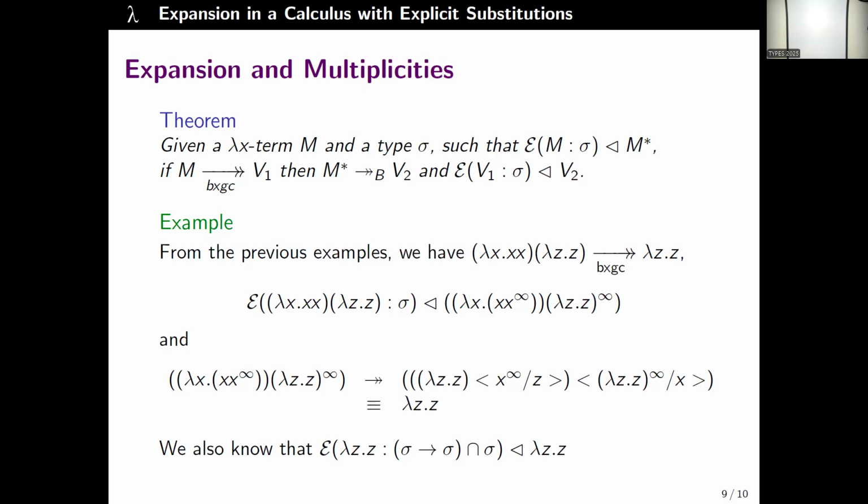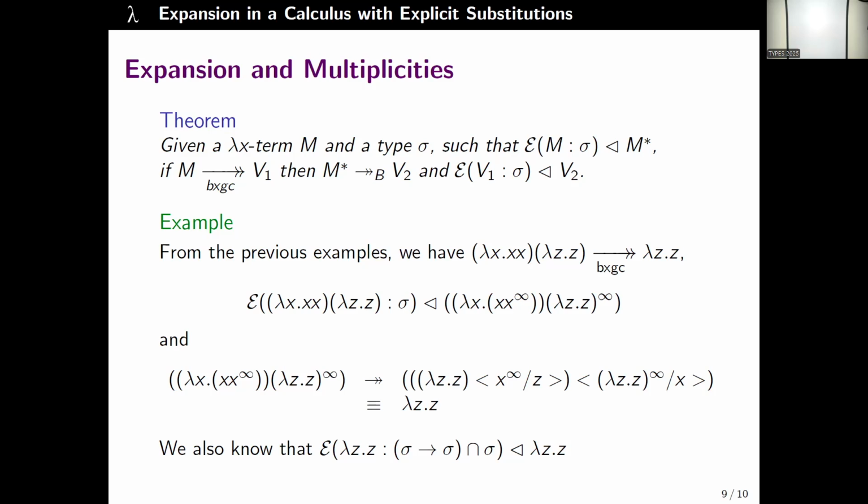But since neither Z nor X appear free in the identity function, we can remove them and we get the identity function. And so in the end, we get here that the expansion of the resulting term in the explicit substitutions calculus is the term that results here in Boudol's language.